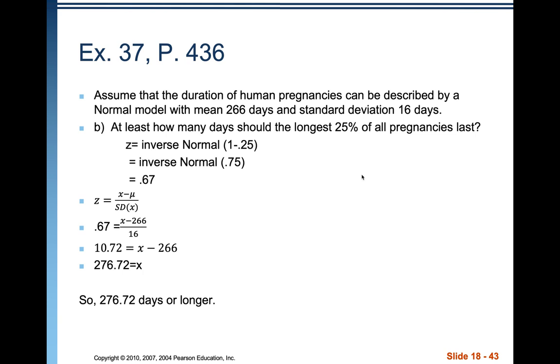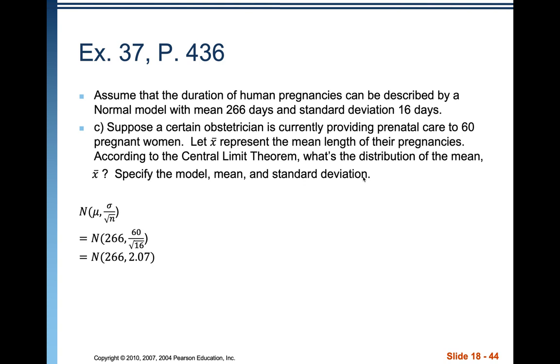We do the algebra, multiply both sides by 16. We get 10.72 equals x minus 266. We add 266 to both sides and we get 276.72. And so 276.72 days or longer represent the longest 25% of all pregnancies.